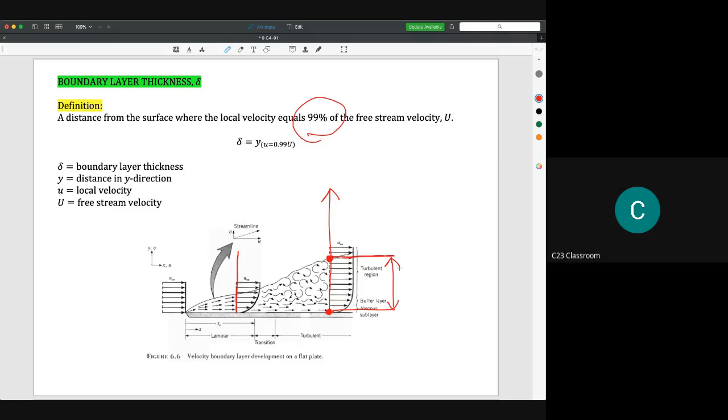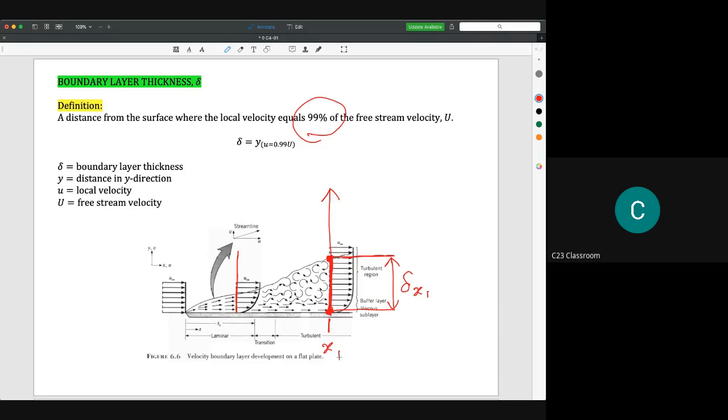Boundary layer thickness depends on at what coordinate you want to measure. If you want to measure at the trailing edge here, the last point of the plate, this is delta at x1, for example, because this might be the location of x1.